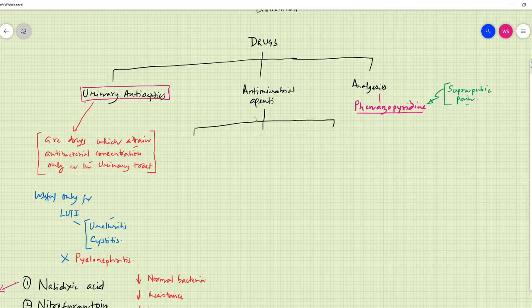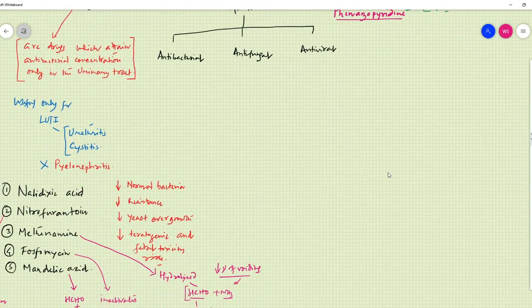So antimicrobial agents can be antibacterial, antifungal, and antiviral. The organisms causing UTI, the fungus and the viruses, are found only in immunocompromised hosts.